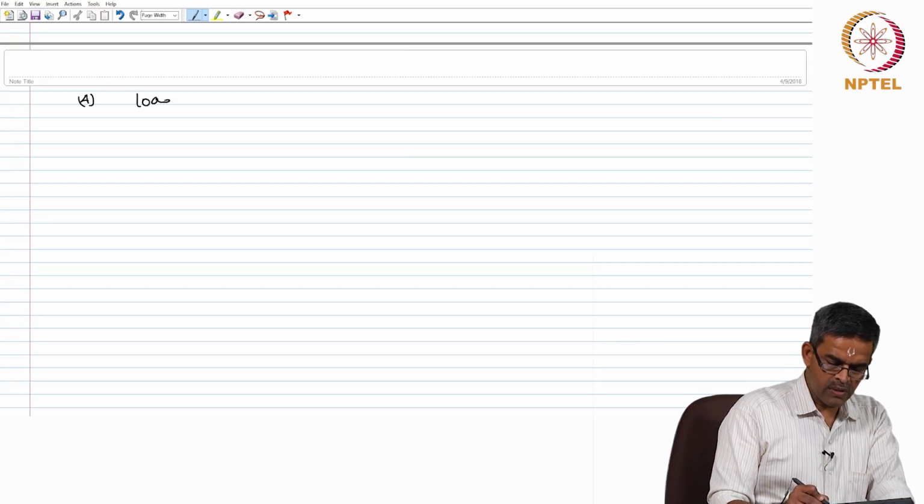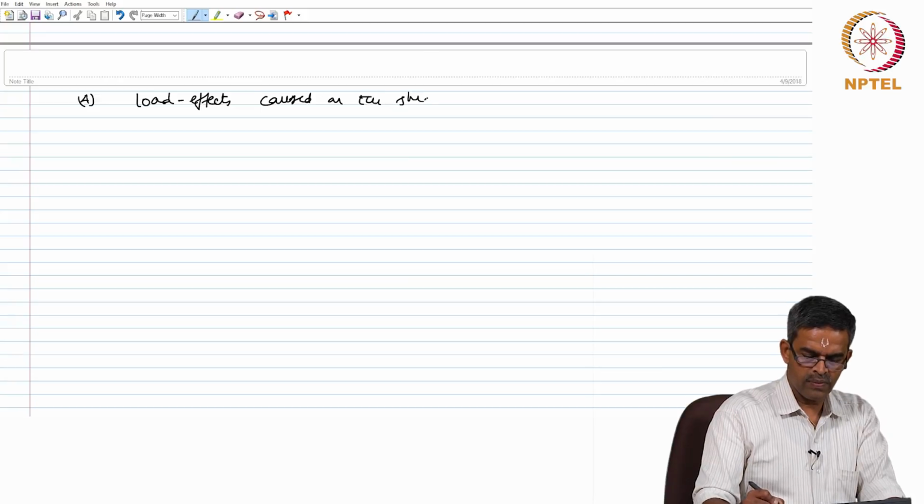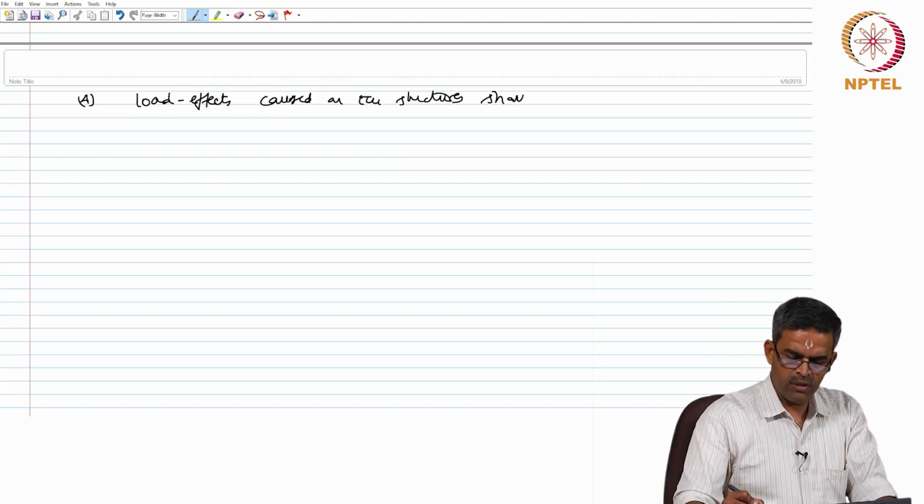Load effects caused on the structures should be also reported.